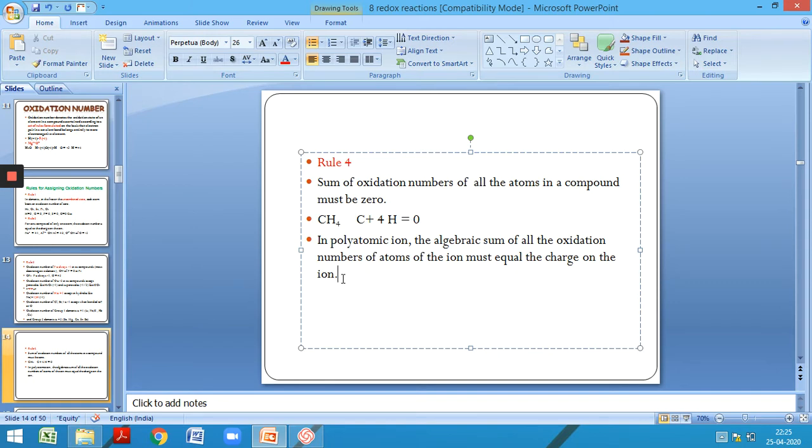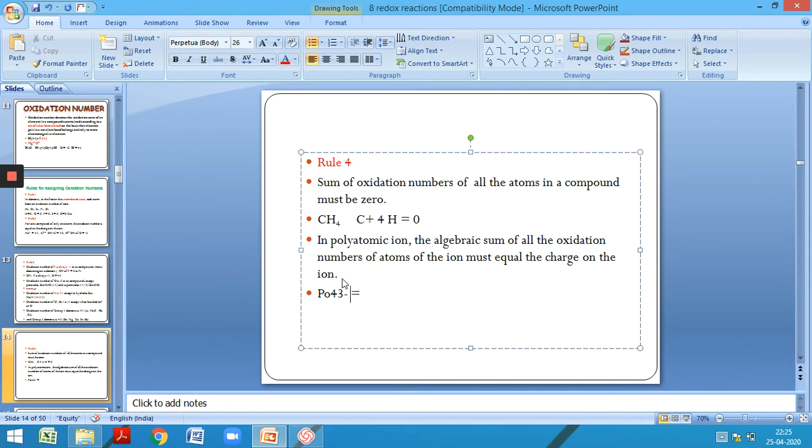In case of polyatomic ions, the sum of all oxidation numbers is equal to the charge on the ion. For example, the phosphate ion, PO4 3-.